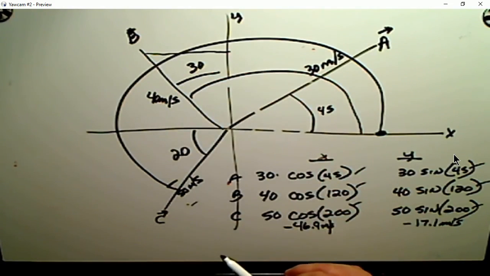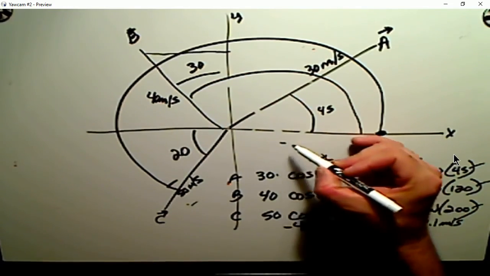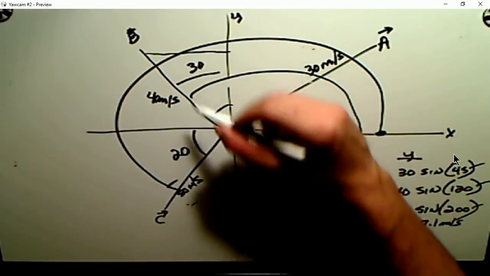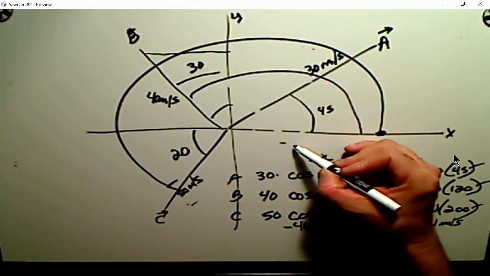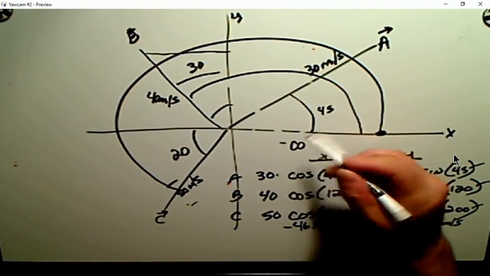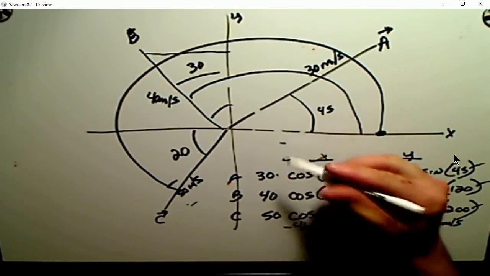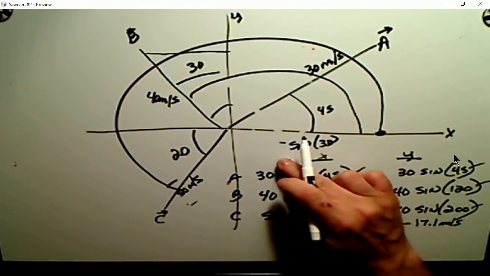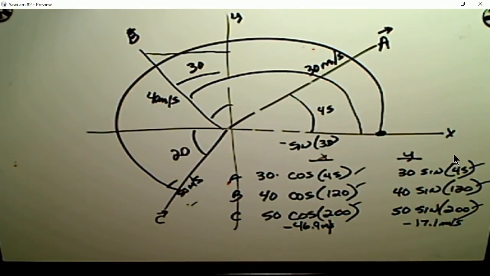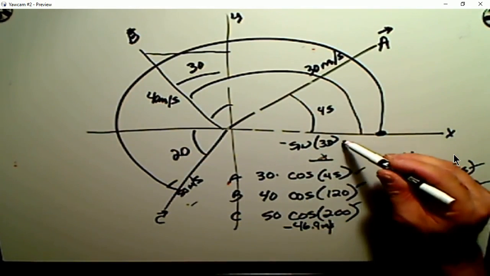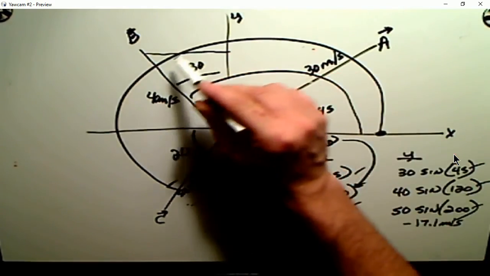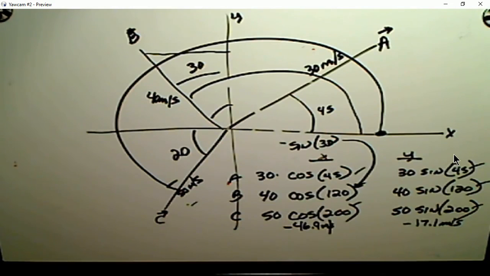In the x direction, negative 30 degrees, and for this particular angle, it's the opposite. So, cosine, opposite side, sine of 30, negative, is going to be equal to the cosine of 120. Okay? Check me out on that.